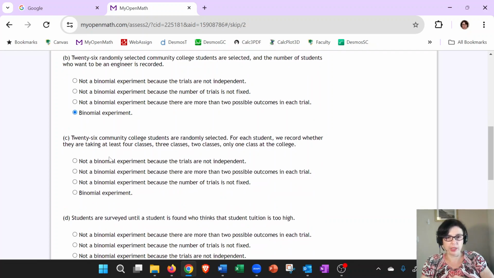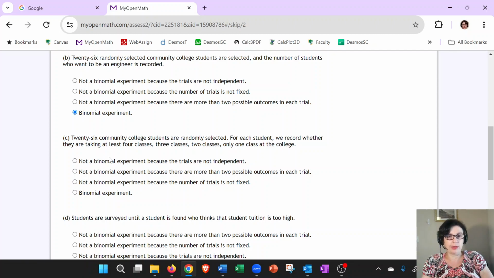Next one says 26 community college students are randomly selected. For each student, we record whether they take 4 classes, 3 classes, 2 classes, or 1 class. So here, the number of trials is fixed. We got 26. But each trial does not have only 2 possible outcomes, because it could be 4, 3, 2, 1.